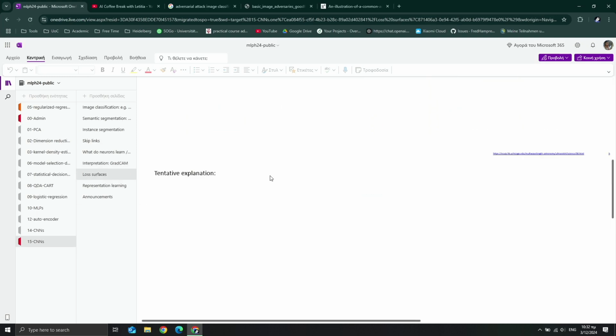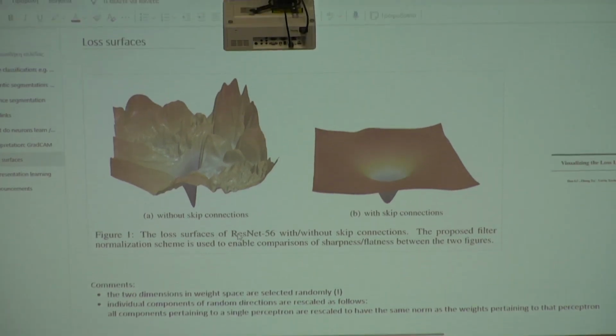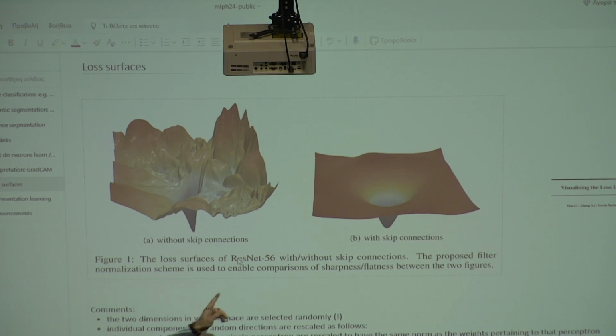Then loss surfaces. There was a time in 2018 when in parallel a couple of papers came out that were looking at the loss surfaces of modern architectures, and shown on top here is an example of an architecture with or without skip connections.